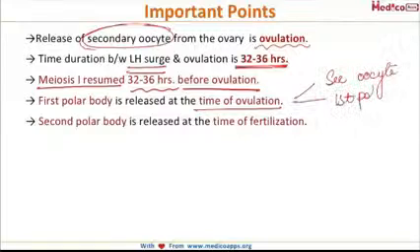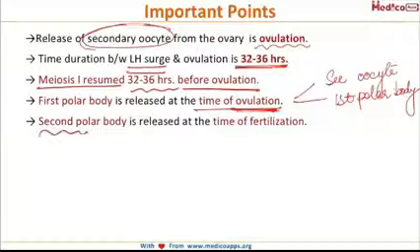So the first polar body is formed at the time of ovulation. And the second polar body, when is it released? It is released at the time of fertilization. Here it leads to the formation of the female pronucleus or the ovum and the second polar body.